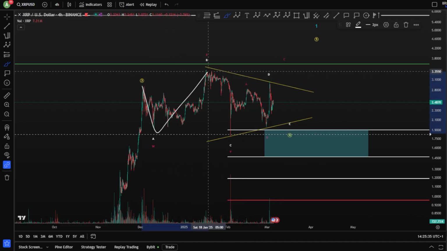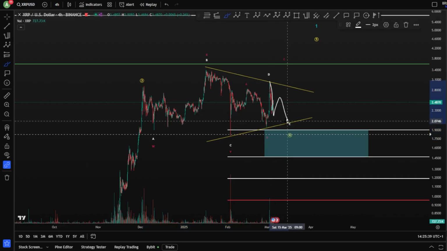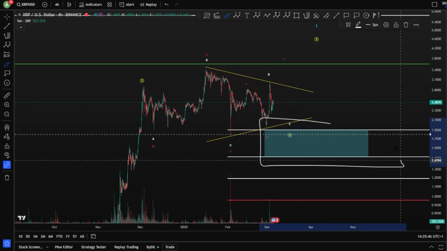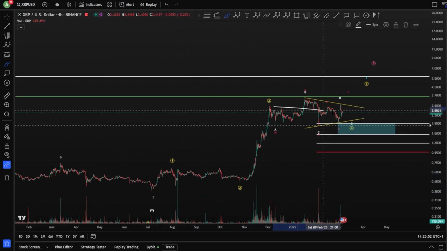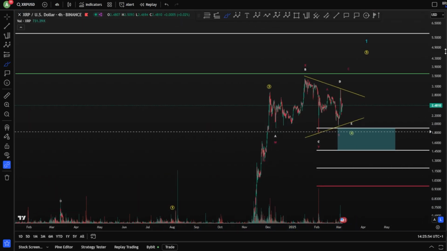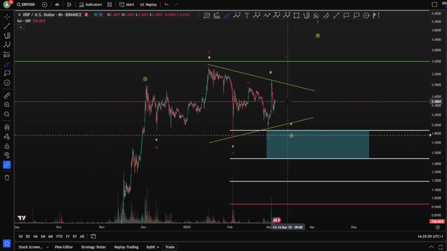So A, B, C, D, and E. Your wave E still needs to be a zigzag, to take the wave E and finish potentially a wave 4, perfectly inside the time for the wave 2. So regarding this wave 2, you would like to see a very long wave 4, knowing that XRP loves to have these kinds of corrections and sideways.